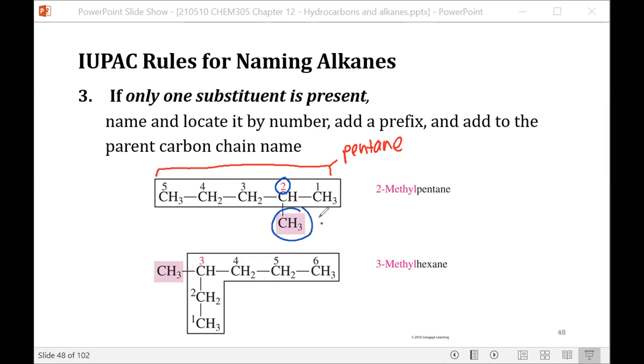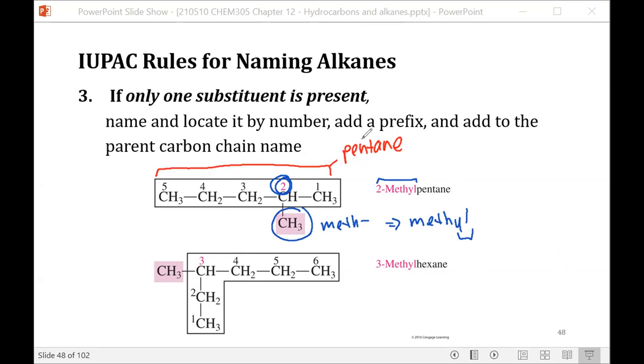It's CH3, which is the prefix meth. Because it's an alkyl group, it's just a chain of carbons, and in this case the chain only has one carbon. It's methyl, with that YL ending, and it's located at carbon number 2, so we call that 2-methyl.